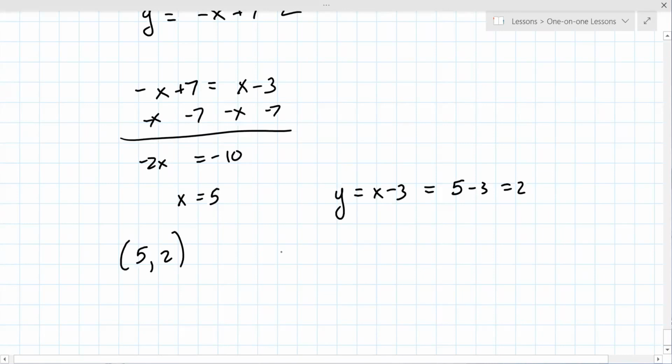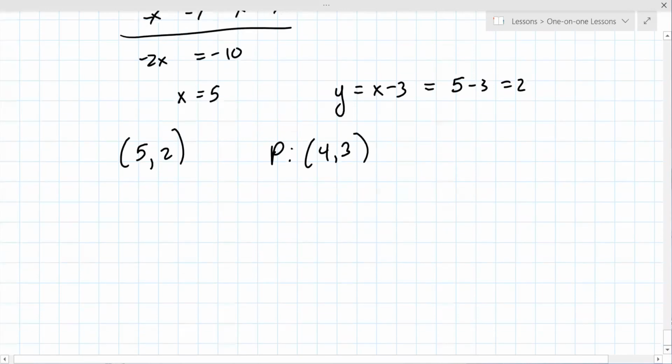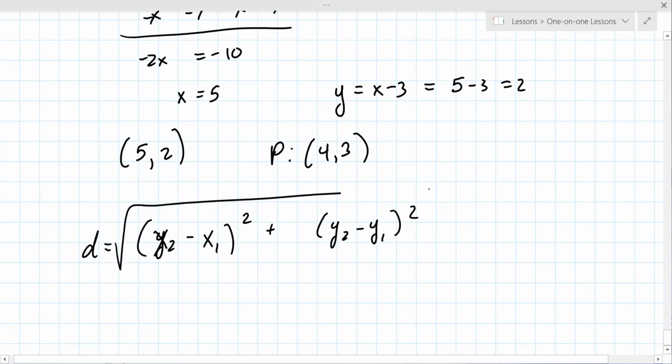And we're trying to figure out the distance between it and 4, 3. So that's the distance formula. We got x2 minus x1 squared plus y2 minus y1 squared, square rooted.